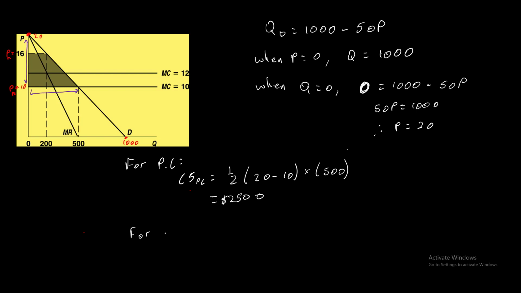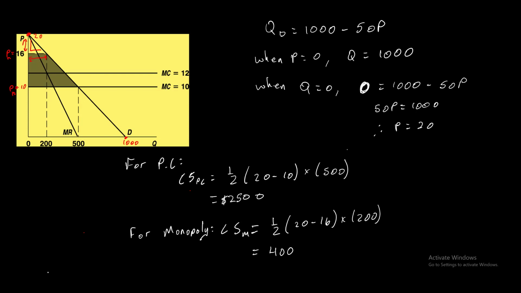And for a monopoly, the consumer surplus is this area right here that we're trying to calculate. It's just from 20 to 16 and 0 to 200. So it's a half times 20 minus 16 times 200, and this is equal to 400.